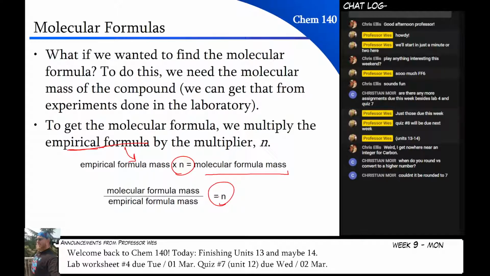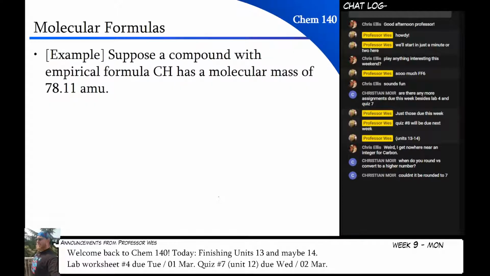So once you have solved for the empirical formula, you can figure out its formula mass by going to LenTech and typing in the empirical formula. Then you just check the ratio of the molecular mass that I give you to the empirical mass. So let's do an example of that.